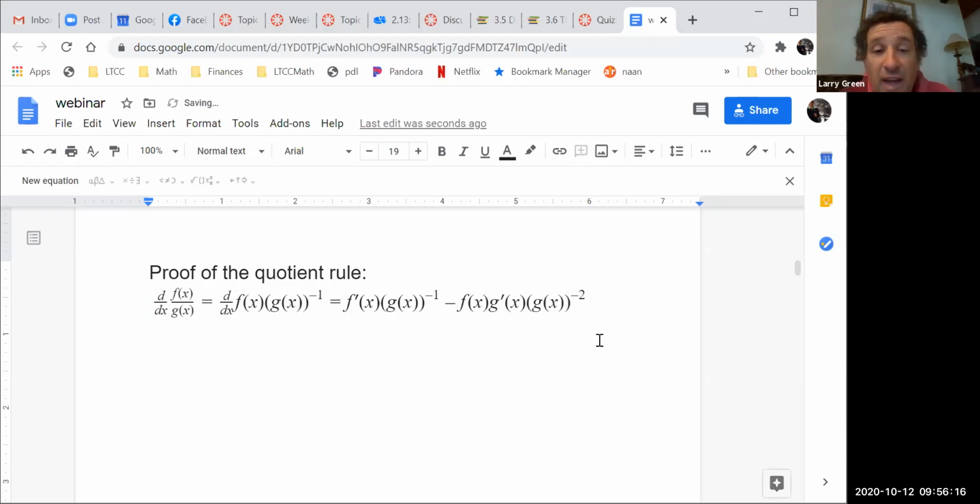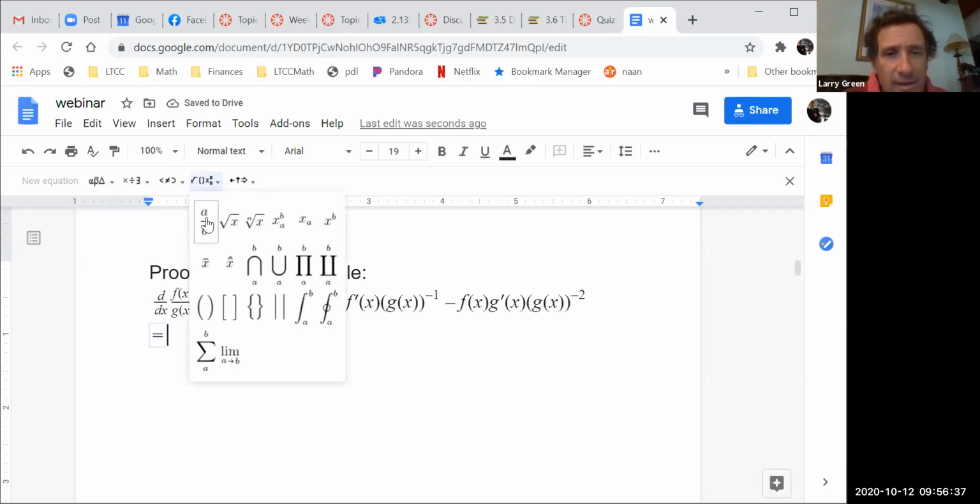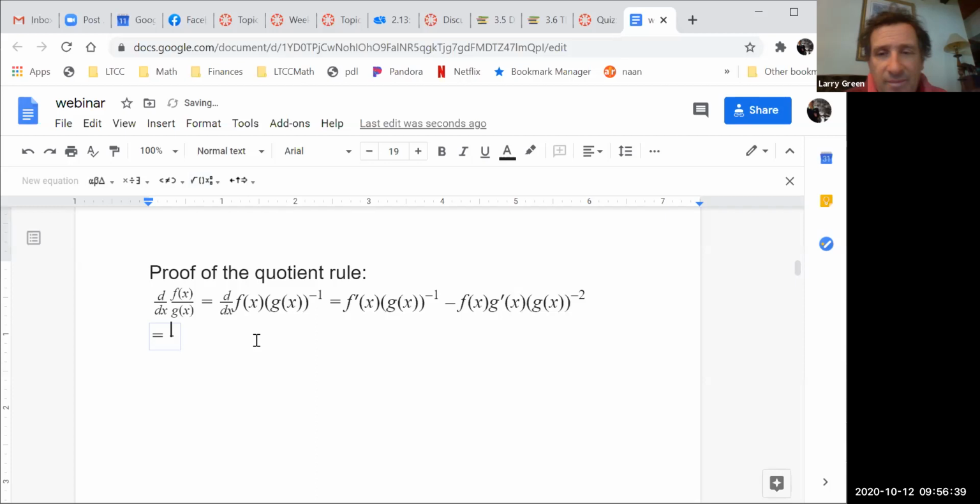All right, we've done the calculus. Now we need to do the algebra because we're trying to prove the quotient rule. And the key here is, what is the common denominator? And remember, negative powers means it's in the denominator. Anyone see the common denominator?